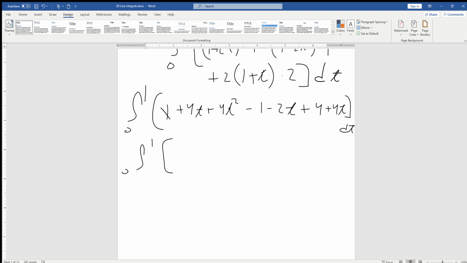We have a 1 minus 1, those are going to cancel out. We have 4 and 4 and negative 2, so that should be a 6t. We have a 4t squared. And then we have a minus 2, I'm sorry, we have a plus 4. So that's our dt.